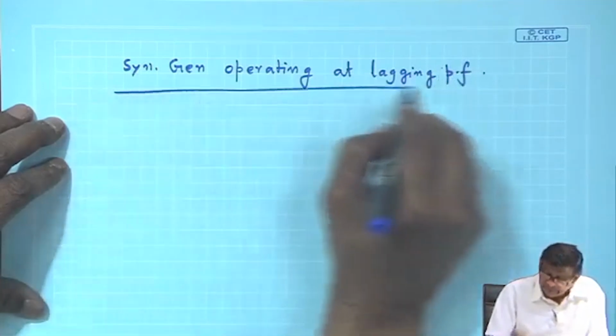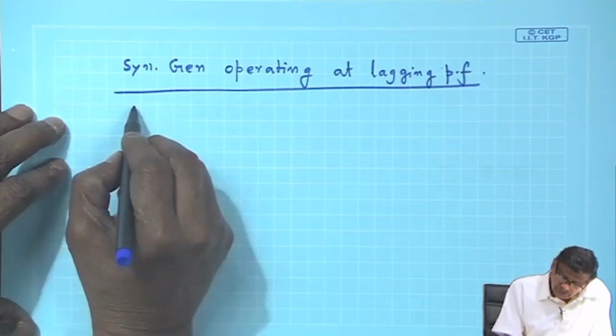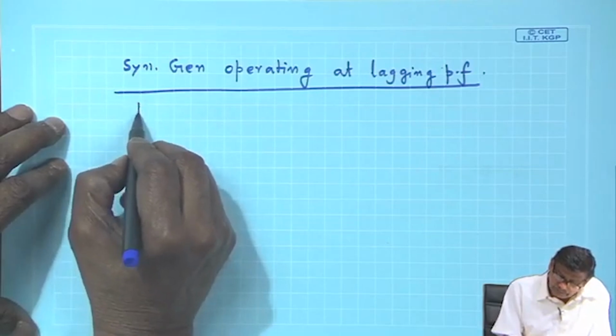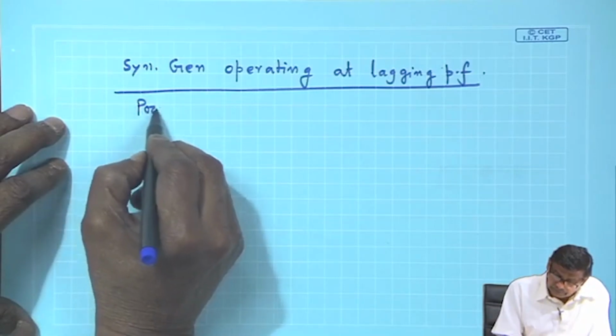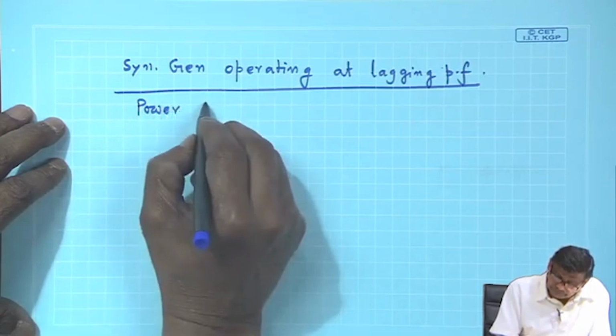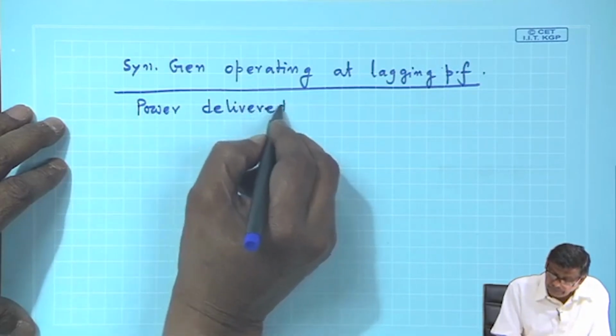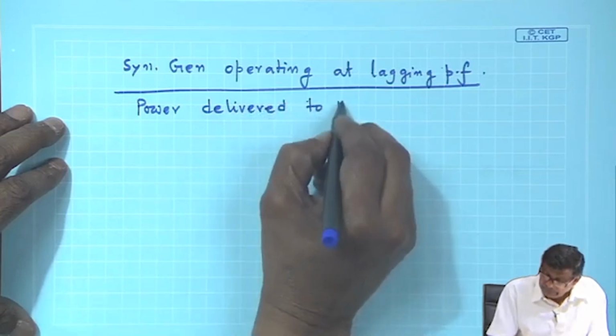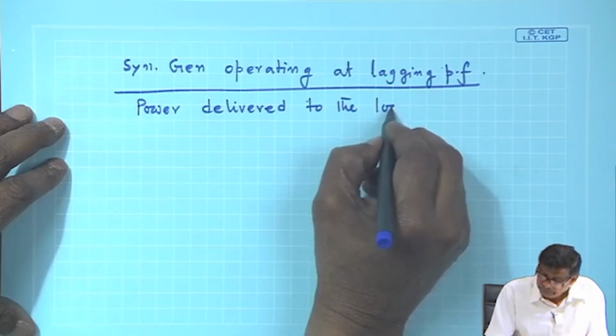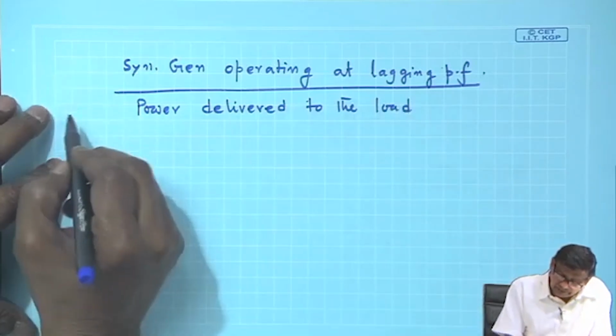This is the thing. We want to know what is the power delivered to the load. How to calculate?